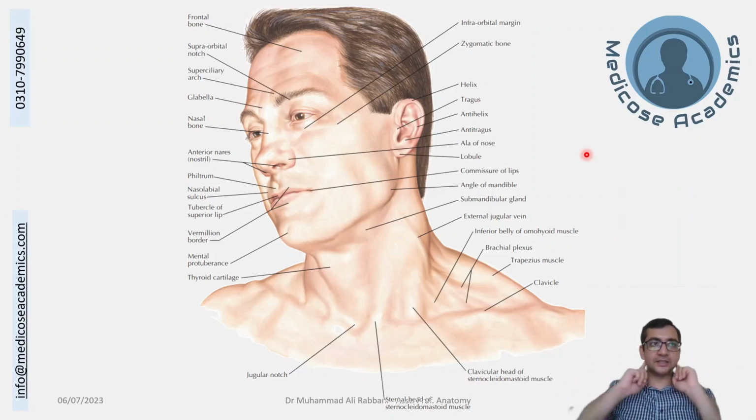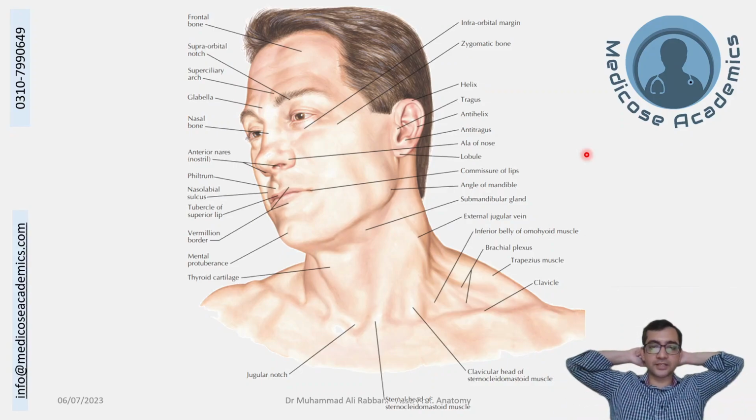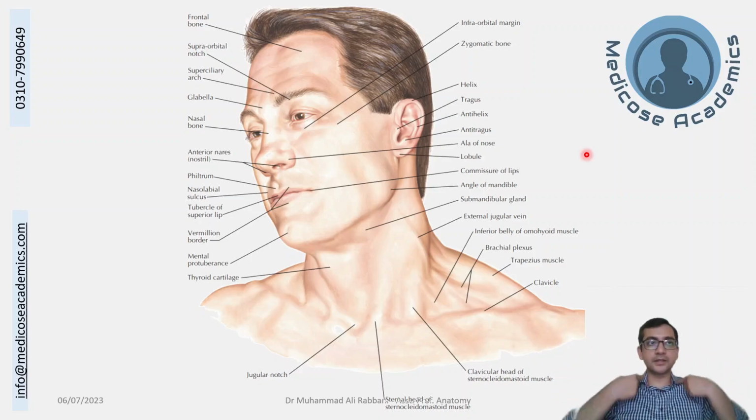So anatomically speaking, this is the line that is defining the neck: mandible, angle of mandible, mastoid, superior nuchal line, external occipital protuberance. In the lower aspect, which are the structures that are lining it? Here, the upper margin of the manubrium sterni, that is the jugular notch, because it is present between the two ends of the clavicle.